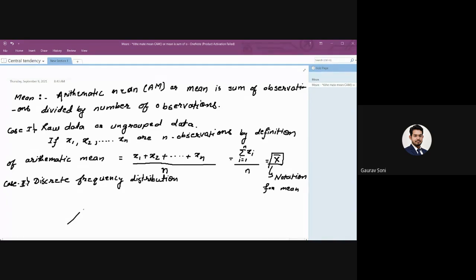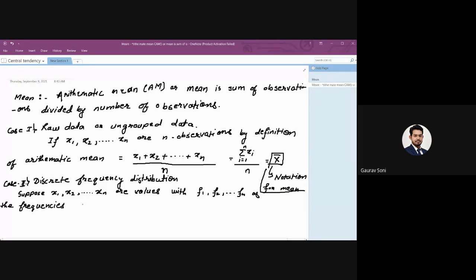So suppose x1, x2, dot till xn are the observed values with f1, f2 up to fn as the frequencies respectively.